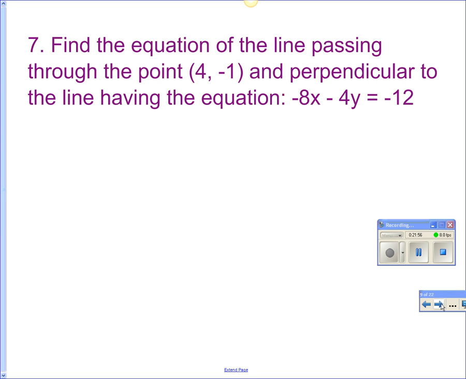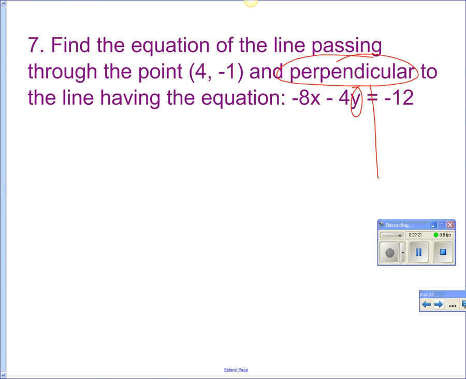Number 7, find the equation of a line passing through the point 4, negative 1, perpendicular to the line having the equation negative 8x minus 4y equals negative 12. Ethan H., what's the key word on this one? Perpendicular. So I'm going to draw my line and circle y.